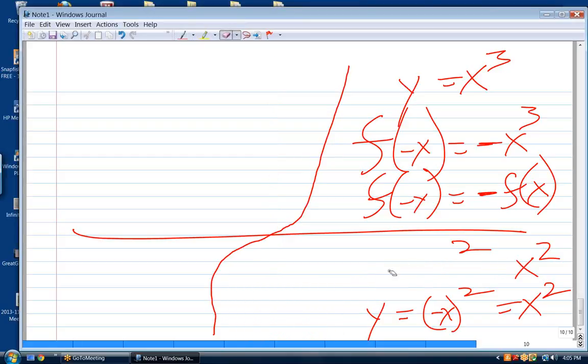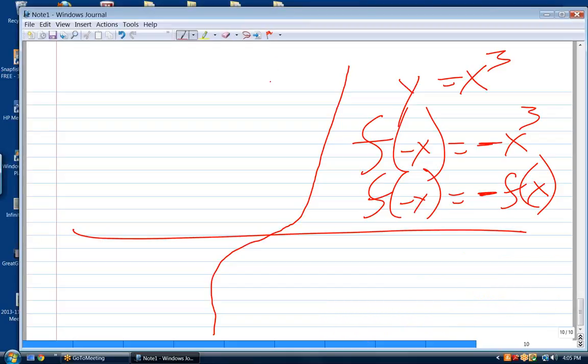Notice that symmetry about the origin means that if I flipped it about the x-axis and then flipped it again about the y-axis, I would have it. In other words, if I took this, flipped it about the y-axis, flipped it about the x-axis, I would have this part here. So that's symmetry about the origin, makes it odd, and it fits this definition.